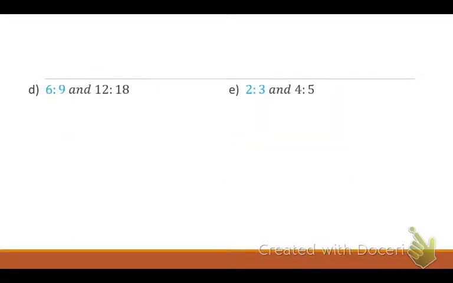Let me have you guys try to do problem D on your own. All right, who would like to help me with what you got? Noah. You write down 6 over 9 equals 12 over 18. Very good. You circle the diagonal.